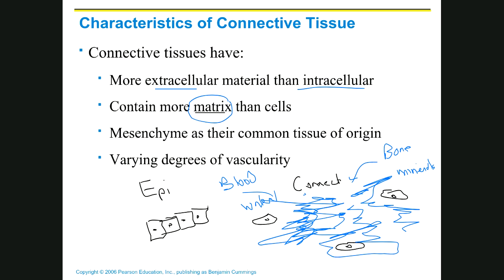And that extracellular material, again, is called matrix. They also vary not only in their structure and so on, they vary in how many blood vessels they have. So some connective tissues have lots of blood vessels, and some connective tissues have absolutely none at all. So it's also quite variable.